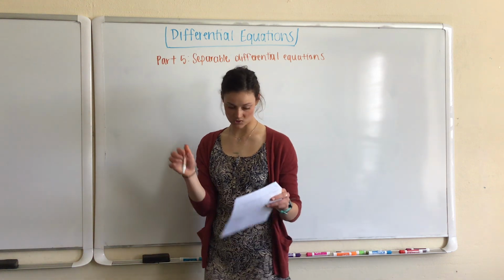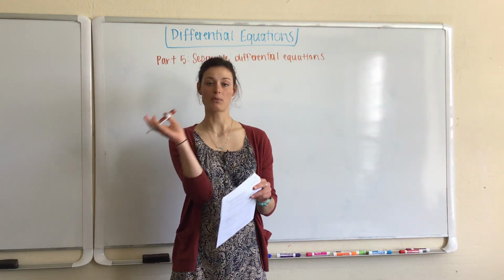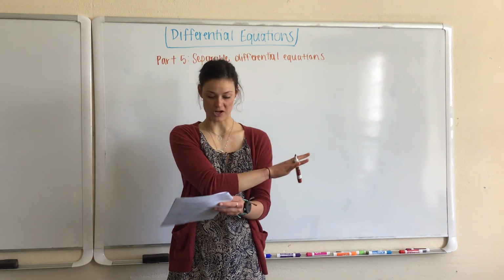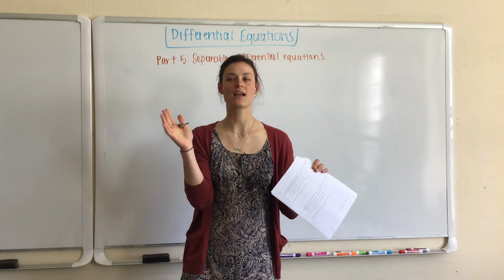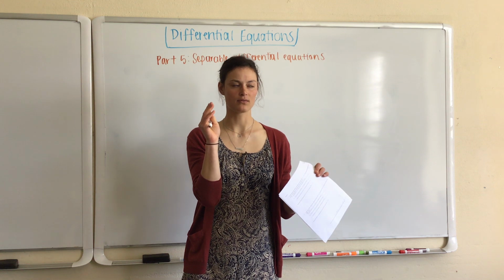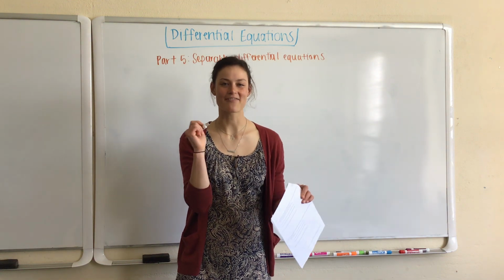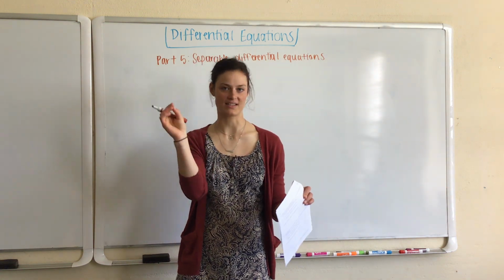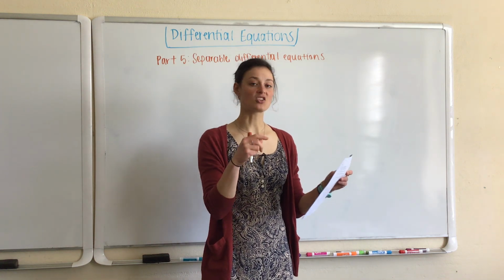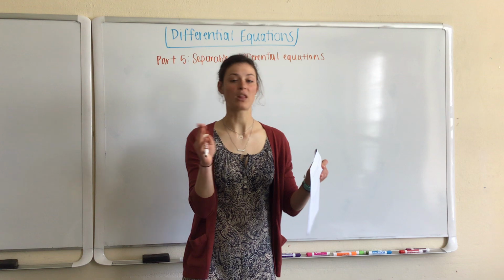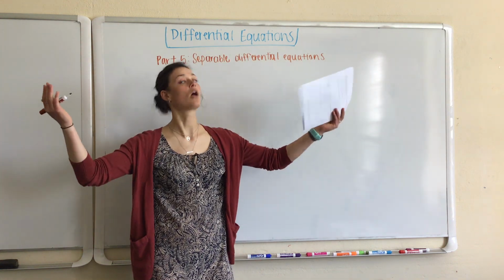Quick sidebar. Remember from our previous chapter, integration. When we take an indefinite integral, our solution has plus c, right? Because it's plus some constant. That's called the general solution, because plus c represents any and all constants.